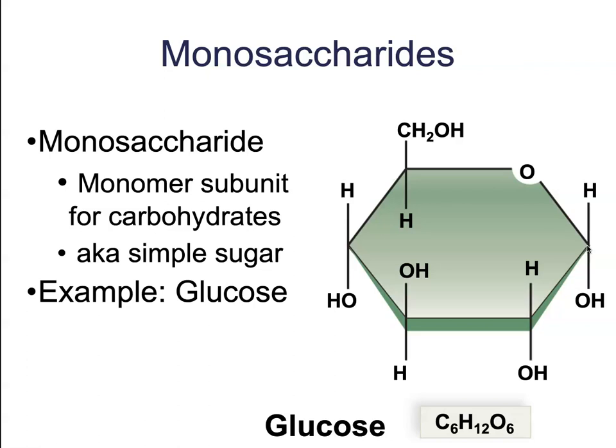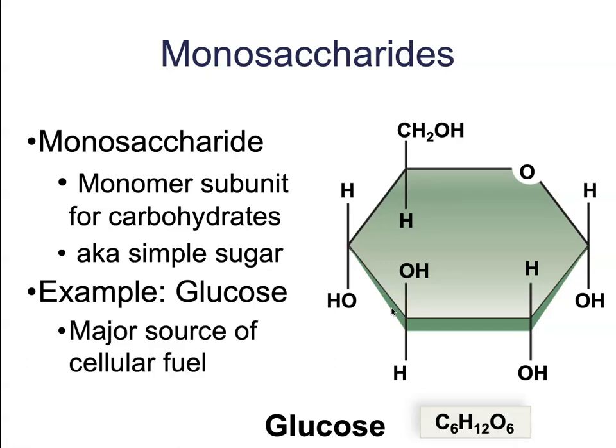Here we have a 6-membered ring, but what do you notice about the functional groups? Here's a functional group, here's a functional group, here's a functional group, here's a functional group. What do you notice about these functional groups? They are all hydroxyl groups. What is the significance of attaching hydroxyl groups?